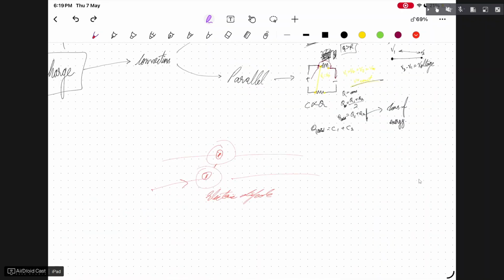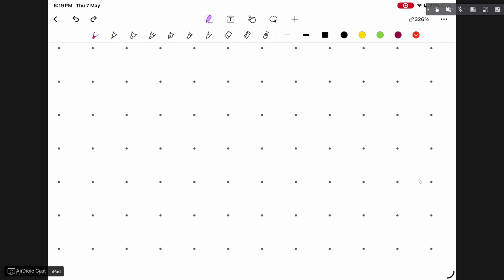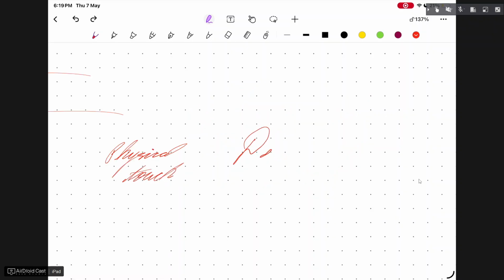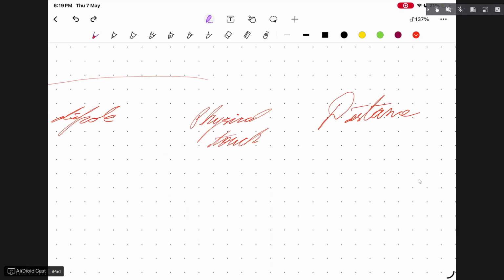Now, how do you make something neutral into a charged body? There are mainly two types: physical touch and distance. In physical touch, you have rubbing, where you literally rub two bodies and the electrons flow from one body to the other because of friction.